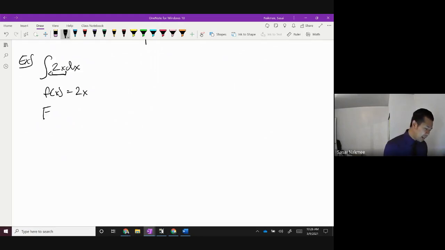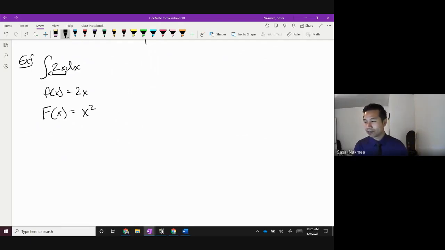So here's my question then. What's the antiderivative? What should my original function have been so that when I take the derivative, I end up with 2x? And David's saying it should have been x squared. So what does the integral of 2x dx actually tell us to find? It's going to be equal to x squared.